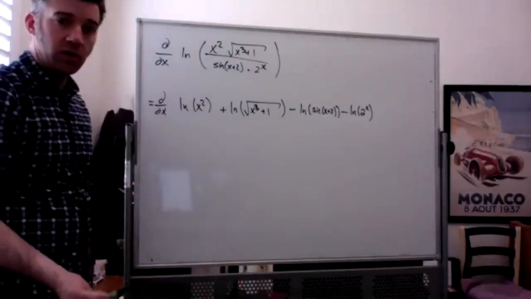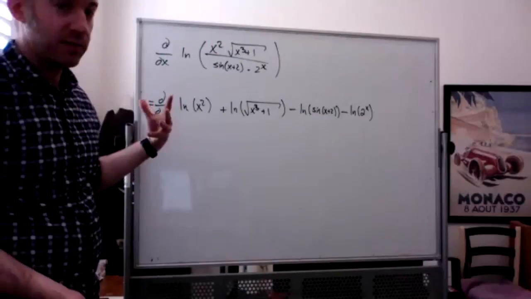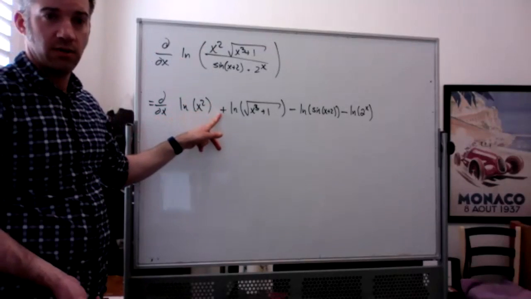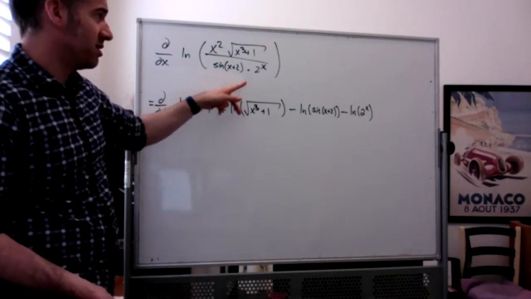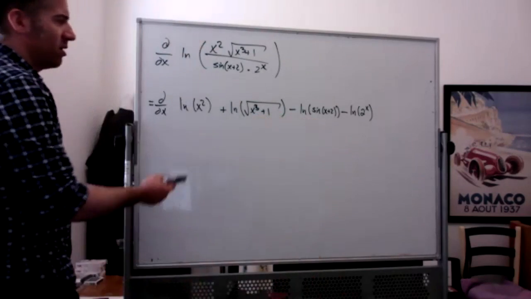And the way I encourage you to think about how you expand a logarithm of something complicated like this is any factors in the numerator end up with positive parts. Any factors in the denominator end up with negatives in front of them. And then you can also bring down the powers, right?